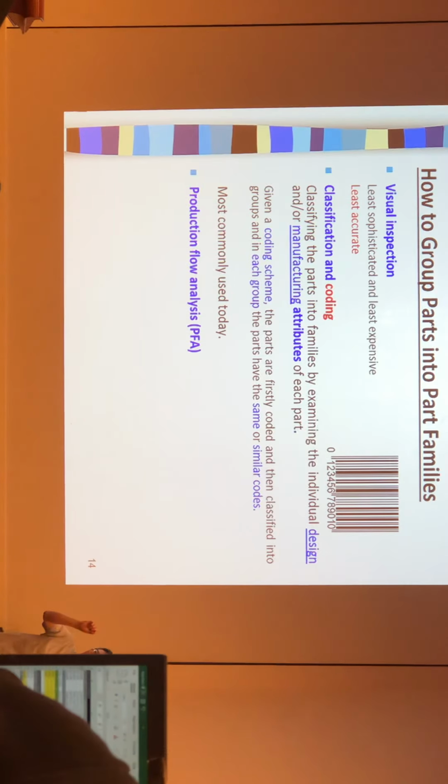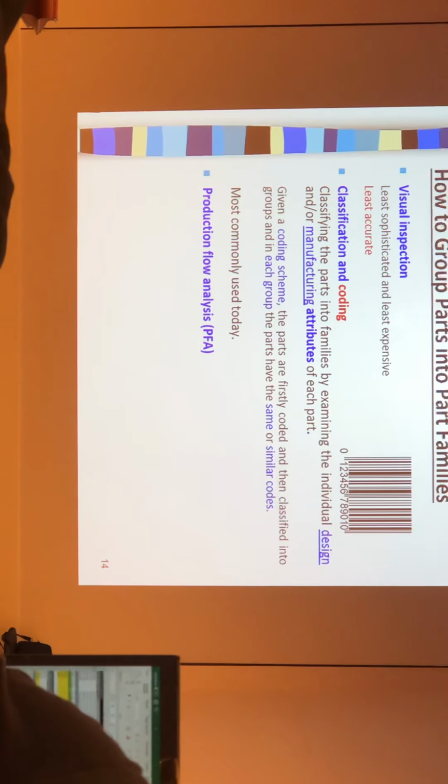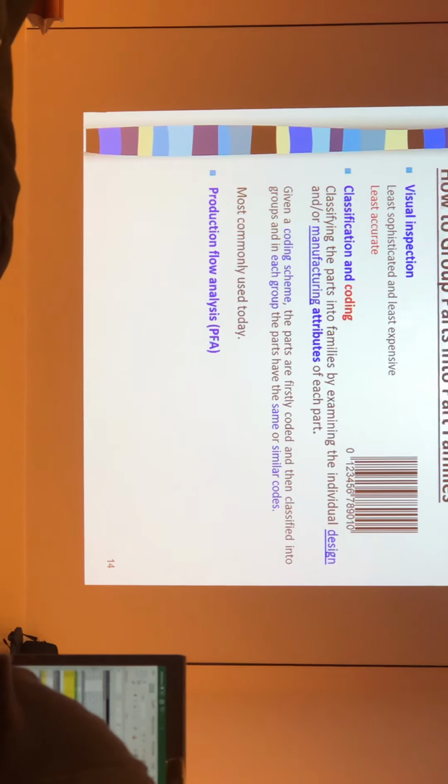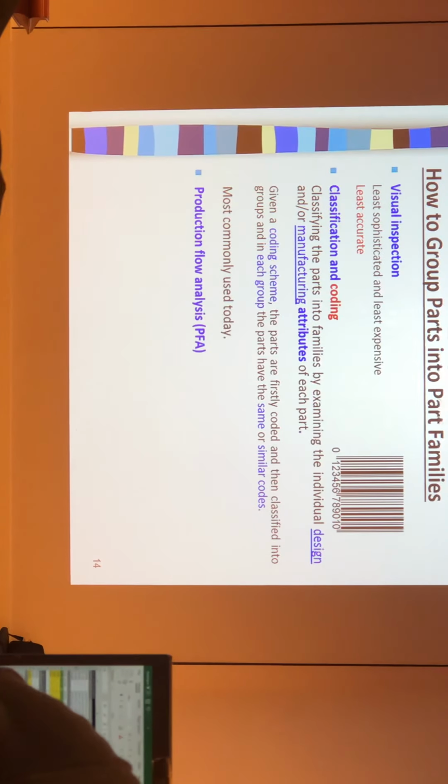If you're talking about up to grams, then how many do you need to cover 100% of the information? Too many. So basically, a code eventually will not cover 100%. That's why, as long as the parts are similar in the attributes you use, if they share the same code, then they can be put into a part family. So that's the idea, but we'll see some details later.